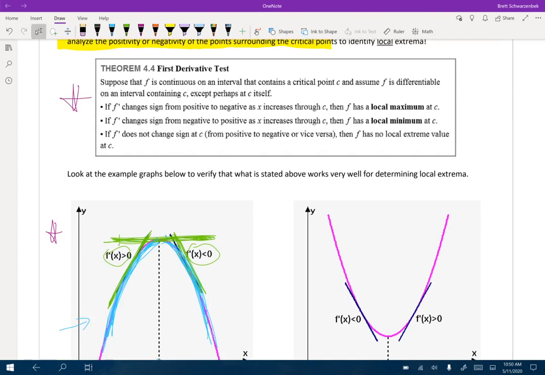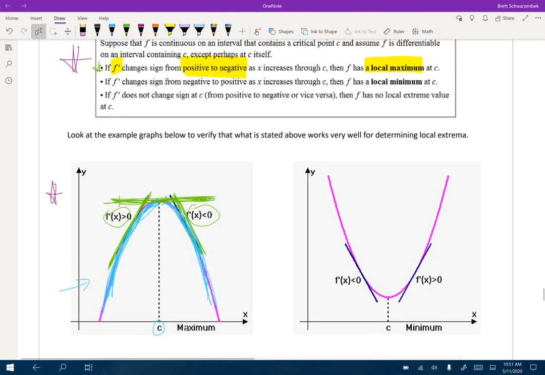That creates a maximum point if it's positive to negative. Therefore, our first part of our definition states this. If the derivative of a function changes from positive to negative as x increases through c, then we have a local maximum at that critical point c.